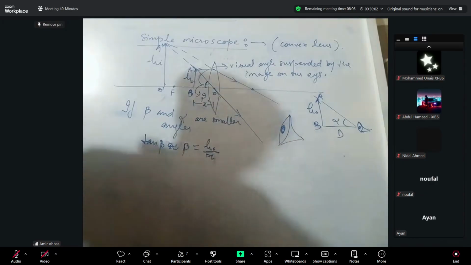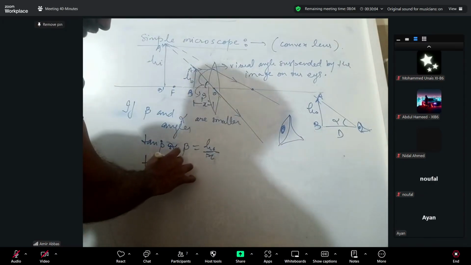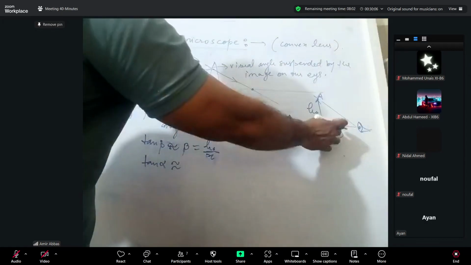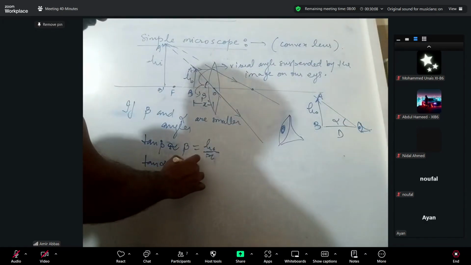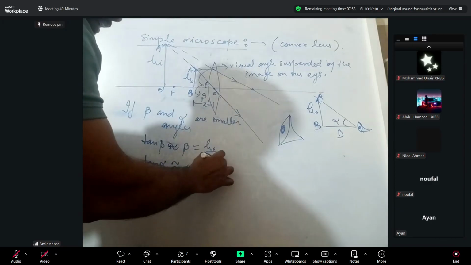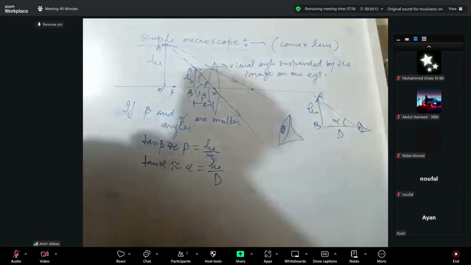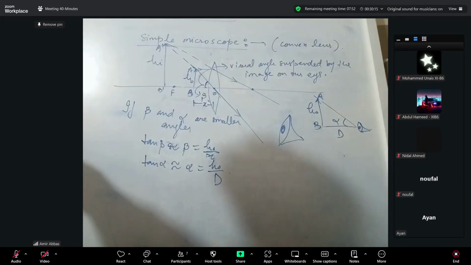Similarly, tan alpha is also very small, so can be taken as alpha equals H naught over D. Can we take this?